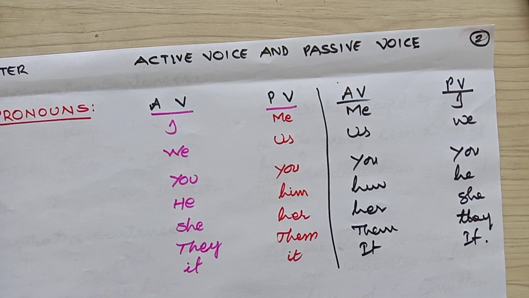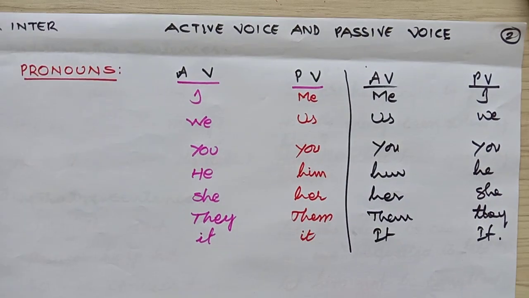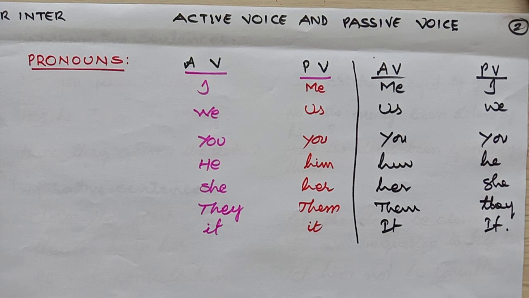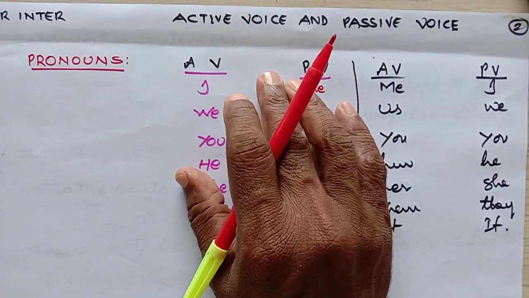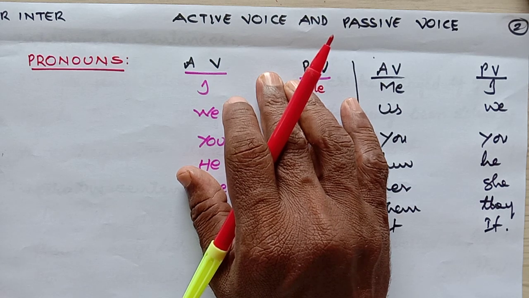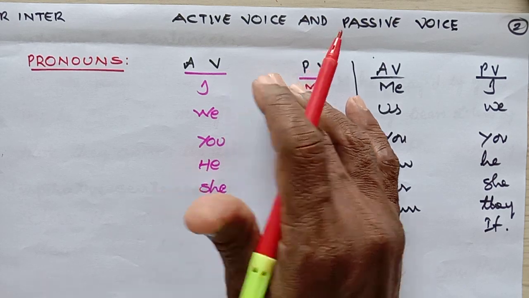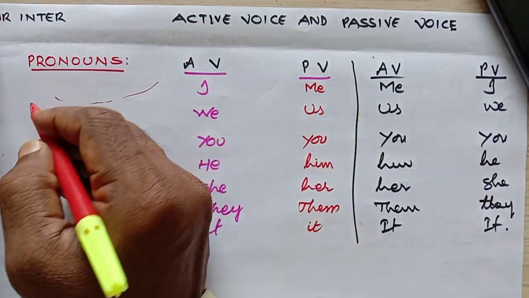Now, in order to understand these, first we have to convert a few sentences in English from active into passive. Now, shall we try? I will write: Shall I help you? It is a question.